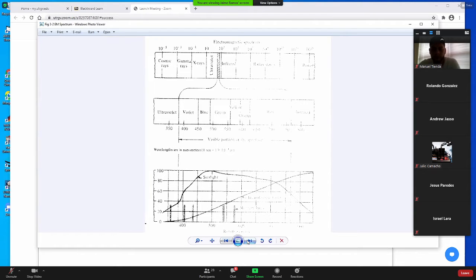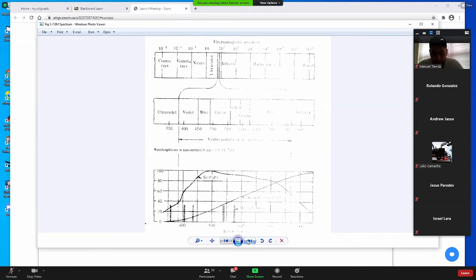And then on the bottom, we have the continuous spectrum from the sunlight. And we see that the light that we get from the sun peaks around blue and green. Okay, so that's the peak intensity.